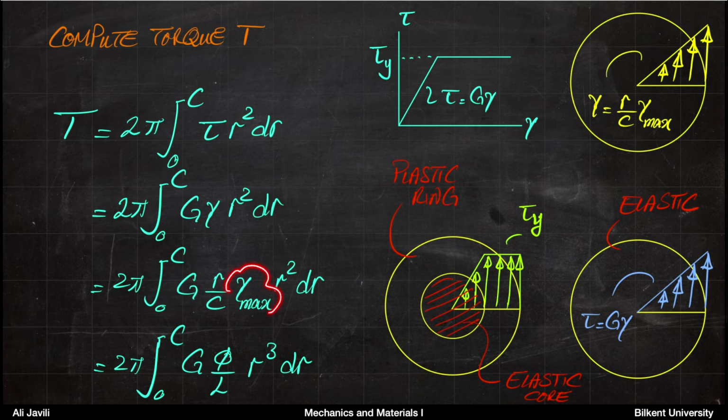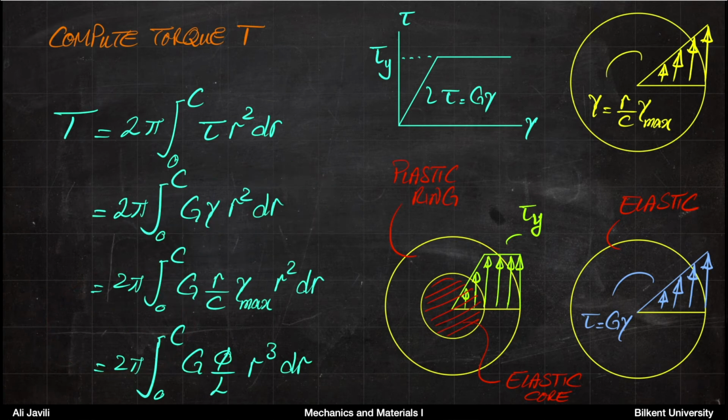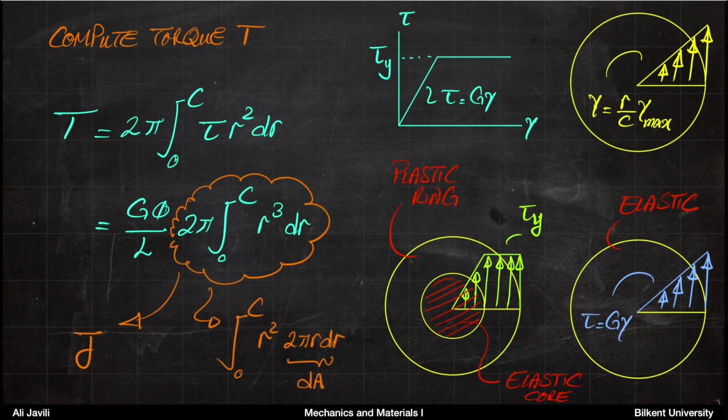And then instead of gamma max divided by C, you have phi over L, which again we had here. So if you do that, you end up with this relation, taking out the constants.